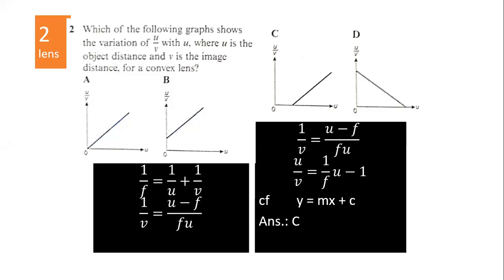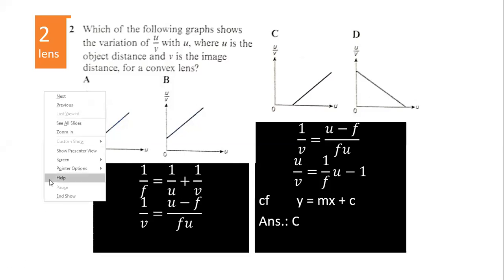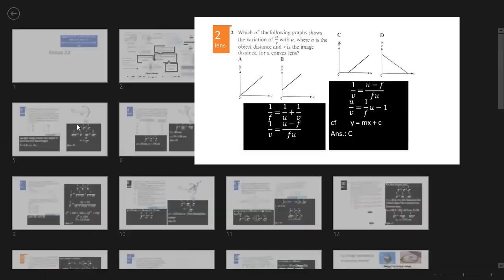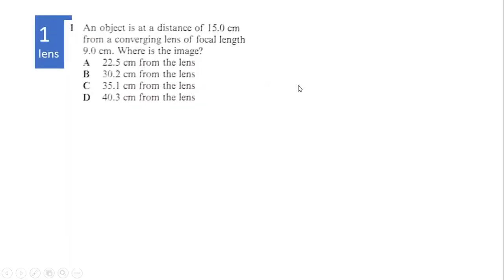All right. Okay. Any Focus comment? Focus 22, number 2, first question, sir. We have done already. No, go back to the first one, please. The first one we have done already.